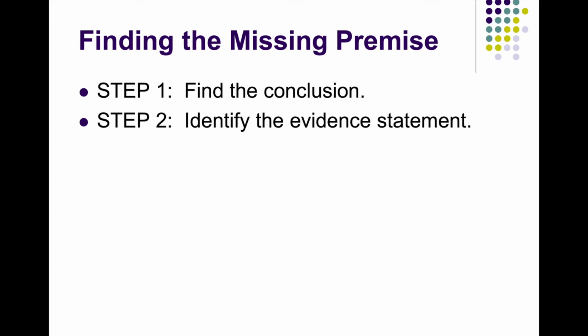And then based on that, identify the evidence statement. We know that an evidence statement in a syllogism is a premise. And so we start with the conclusion and the given premise, that is the premise that is explicit in the natural language argument. So now you're just identifying the parts of the argument that will be translated into standard logical form and into syllogistic form.